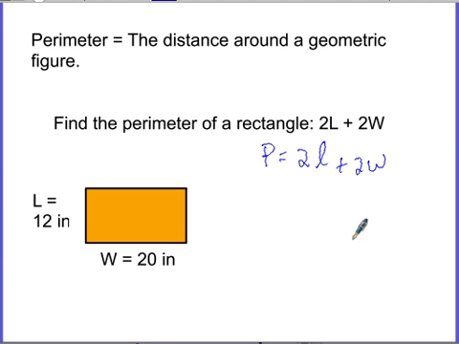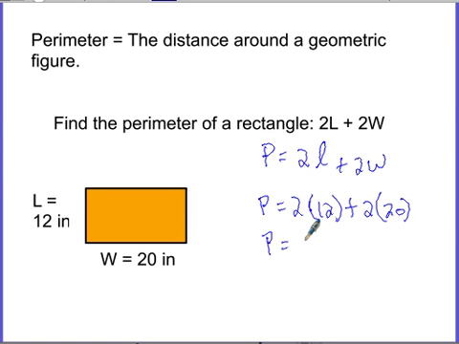And all we have to do then is make substitutions, and substitutions are really simple, right? So we can do perimeter equals 2 times what? 12, because the length is 12. 2 times 12 plus 2 times 20. And then just follow the order of operations. So multiply first.